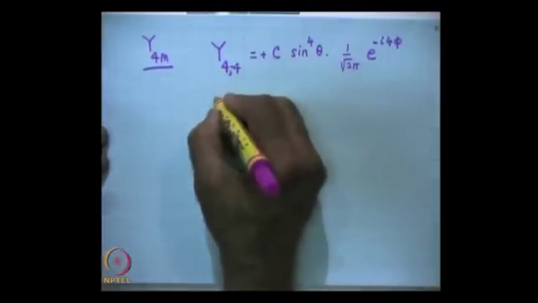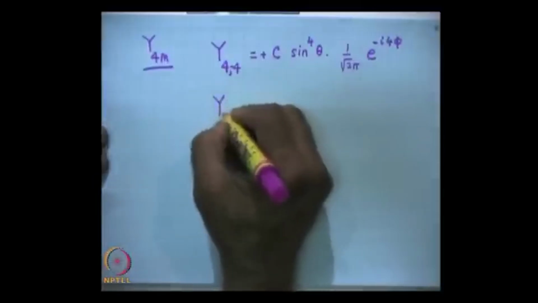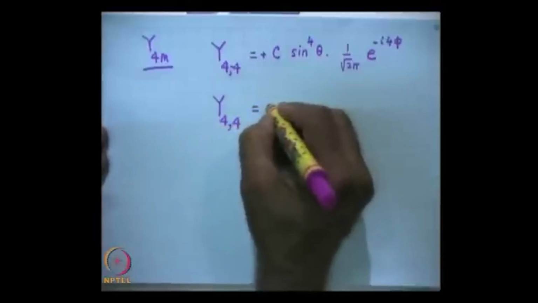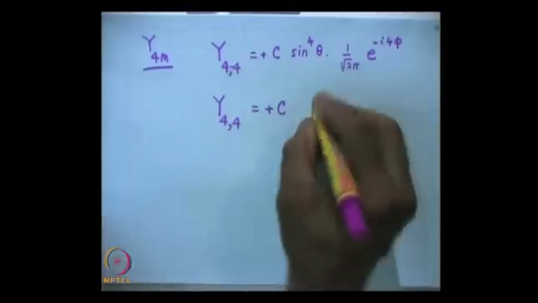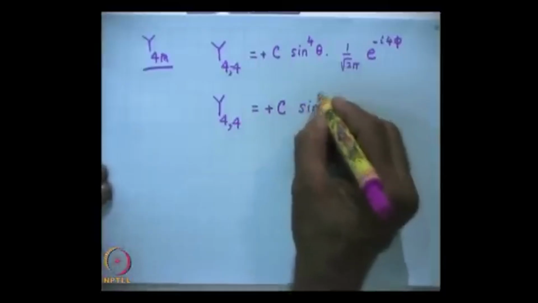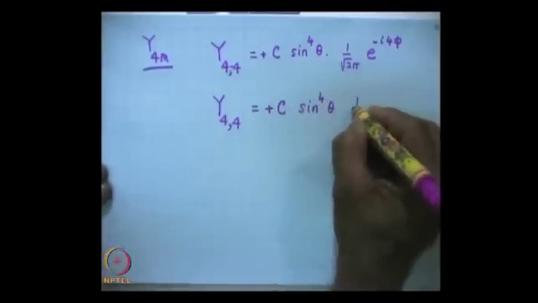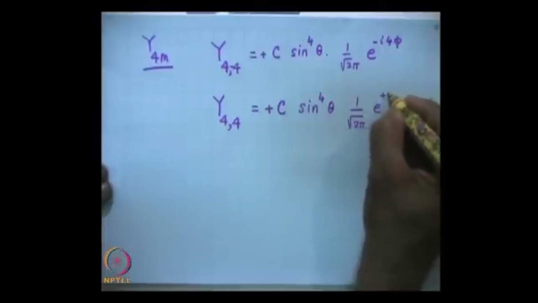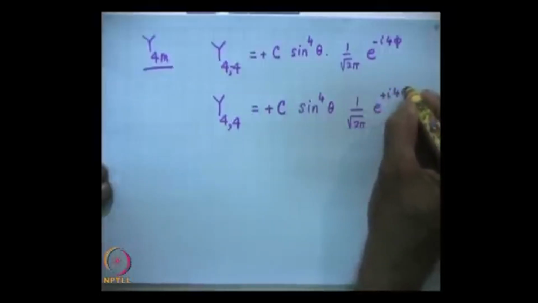I can also write down Y4,4, will be again plus c, same constant, sine 4 theta 1 over under root of 2 pi e to the power of plus i4phi.